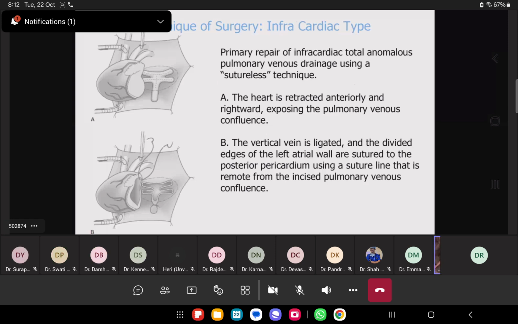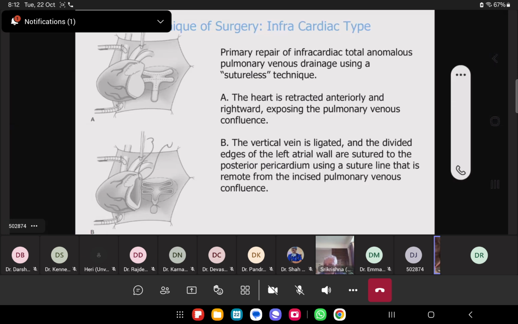The incidence, you said, is up to 3%. Usually the statistic is about 0.7 to 1.5%. So roughly you say the incidence of TAPVC is about 1%. And you said the natural history depends entirely on whether it's obstructed type or non-obstructed type.